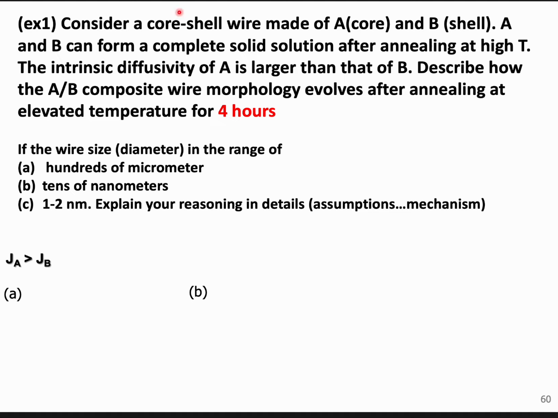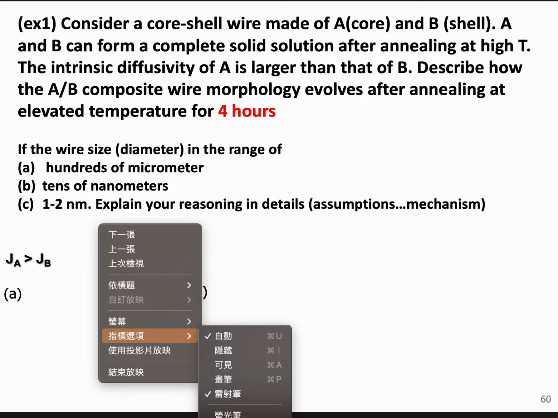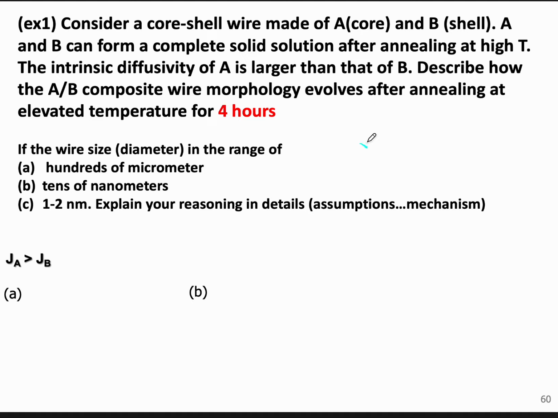When the diameter of this wire is hundreds of micrometers, if you have some idea about the diffusion length, we can use the square root of Dt or 4Dt to estimate the diffusion length.